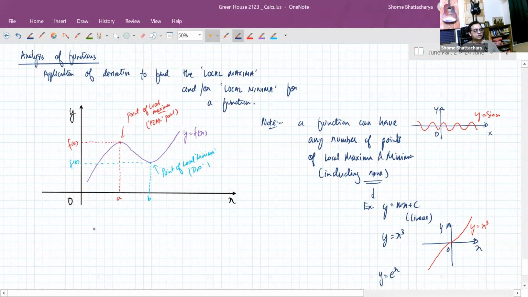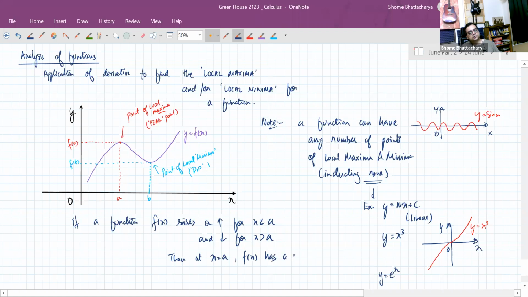But before that, let's define a local maxima. So if a function f(x) rises or increases for x less than a and drops for x greater than a, then at x equal to a, the function has a peak or local maximum, and vice versa for b.